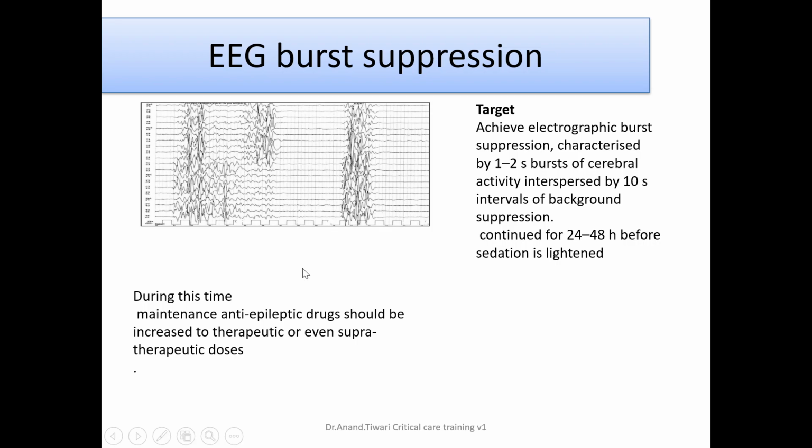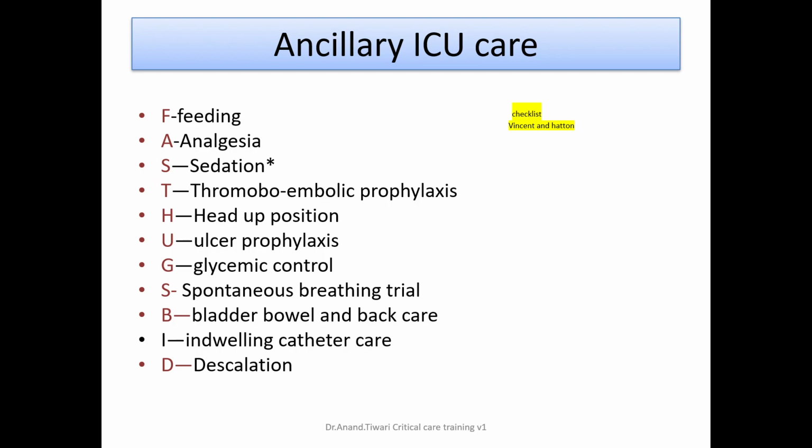During this time, when you are giving the anesthetic drug, what you have to do is increase your maintenance of anti-epileptic drugs to therapeutic or sometimes even supratherapeutic doses, so that by the time you lighten the anesthetic drug, your level of anti-epileptic drugs is achieved and prevents recurrence of the problem. Not to understate the importance of ancillary ICU care while these patients are receiving anesthetic drugs.